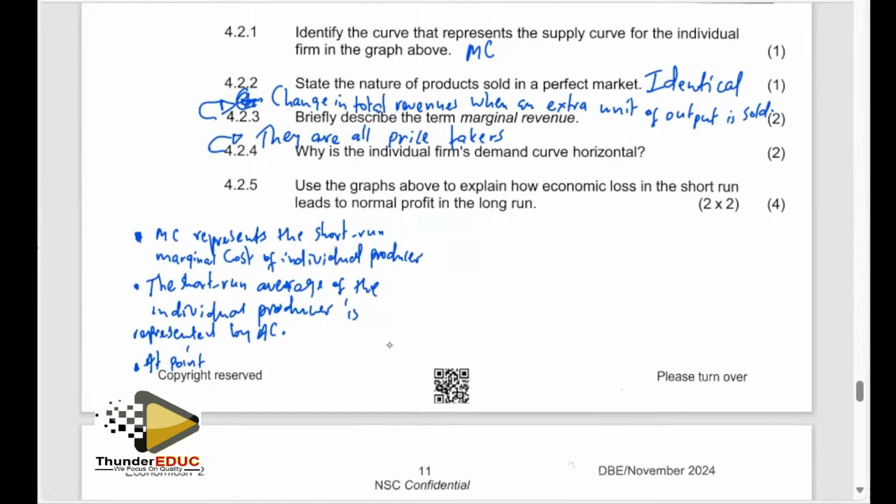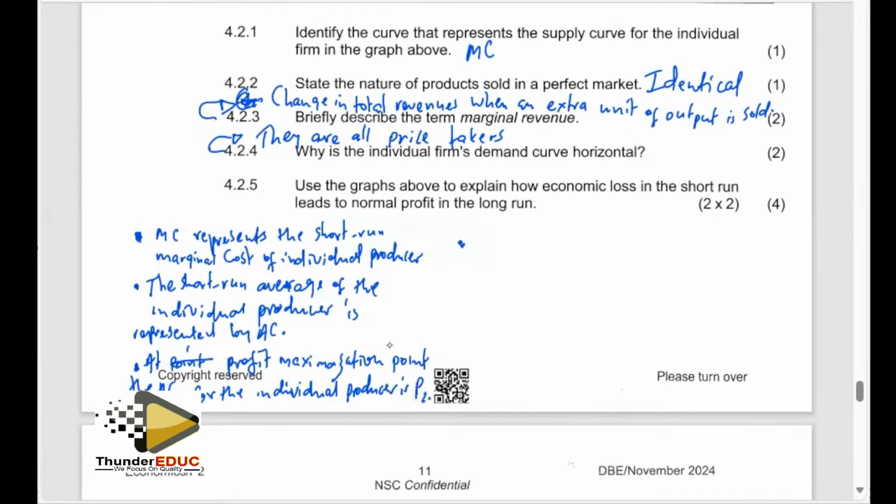And also we are saying that at profit maximization point, the average cost for the individual producer is P2.